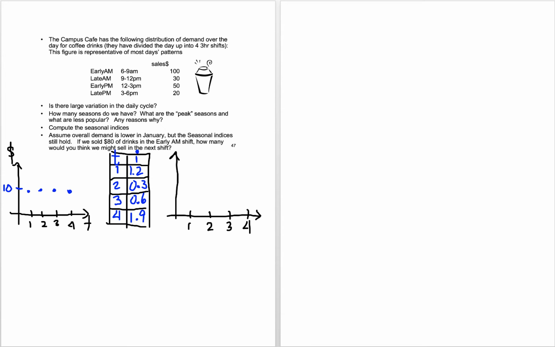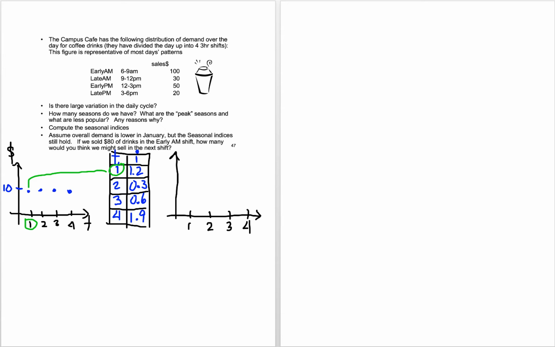And now we're ready to use the index to convert the deseasonalized data. So starting with period 1, which has a value of 10, we go to the index and we find period 1. And we see that has an index of 1.2.